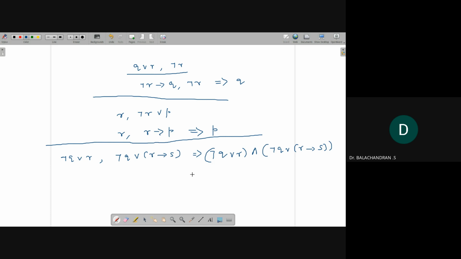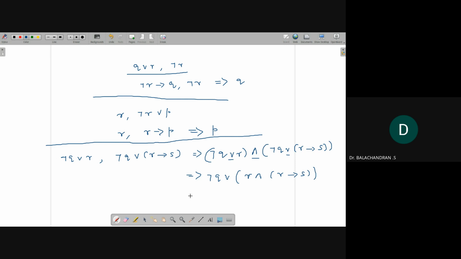The next step should apply the distributive law. So here and here we have R. Here we have negation Q, I will take it out, and then R and R → S. So here I am using the distributive law.